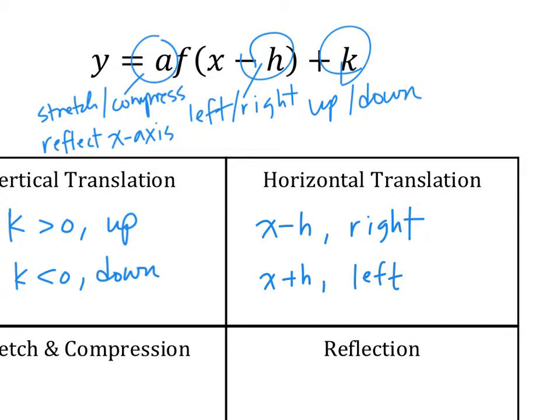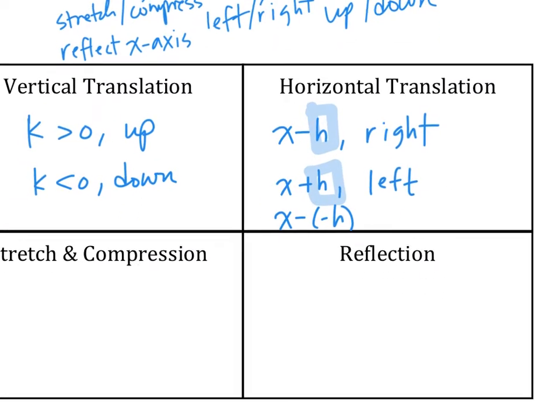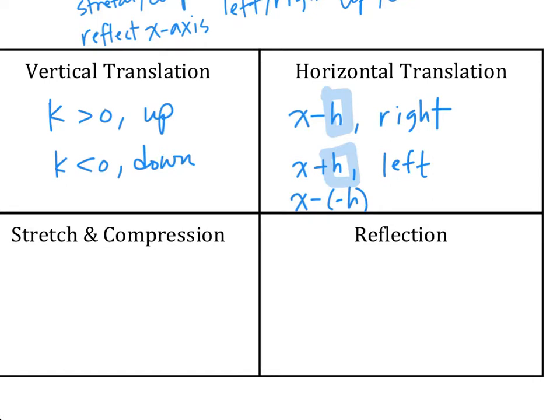The reason being, we're looking at the actual h value. The actual h value is positive, and in this one it was a double negative. So it's a little bit tricky. Sorry, everyone gets tricked by that every year.